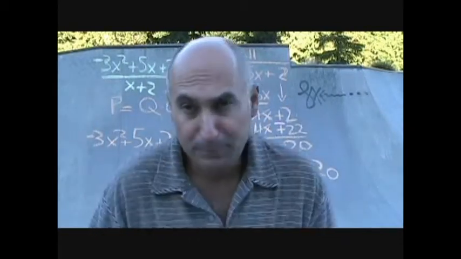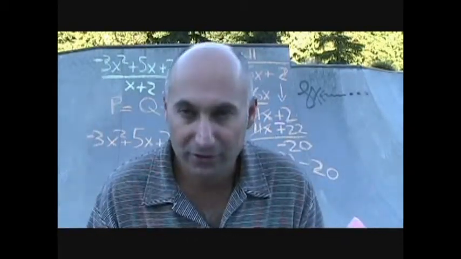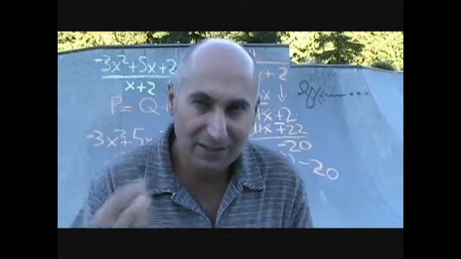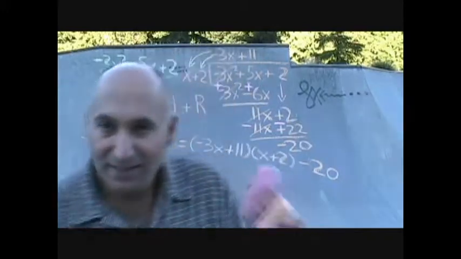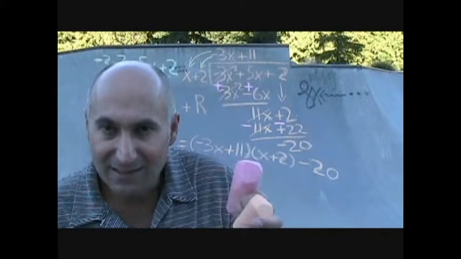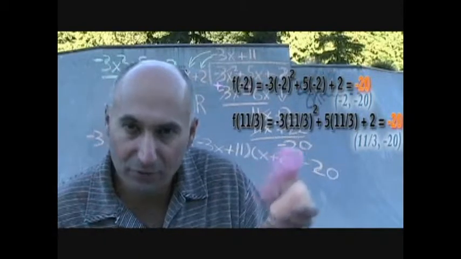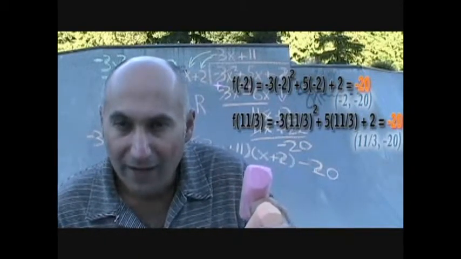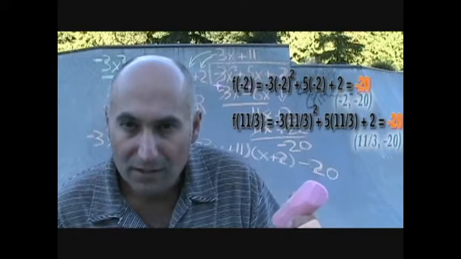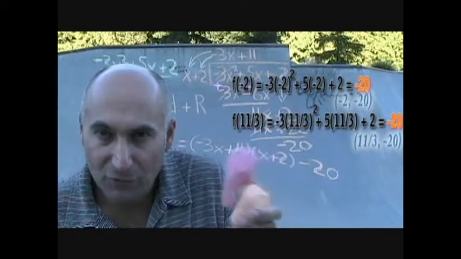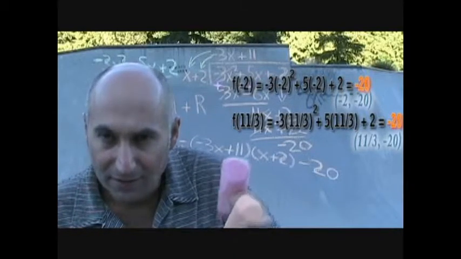Now, there are reasons why we do this. One of the ones, just as a teaser, what this means is if your x is equal to negative 2, because this would be x plus 2 is equal to 0, and you bring the negative 2 over, when your x is equal to negative 2, y is equal to negative 20. When your x is equal to, you bring the 11 over, you set this equal to 0, and then do your division.